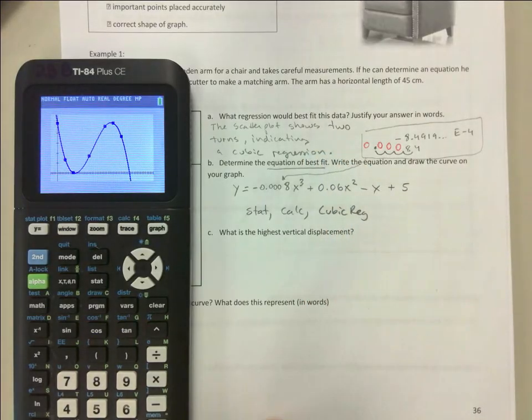Okay, so that's my justification for choosing cubic: the 2 turns. If it only had 1 turn, then I would call this a quadratic situation. If it had no turns whatsoever and just seems to be going in a straight line, it's linear.